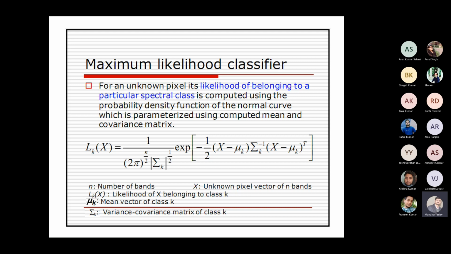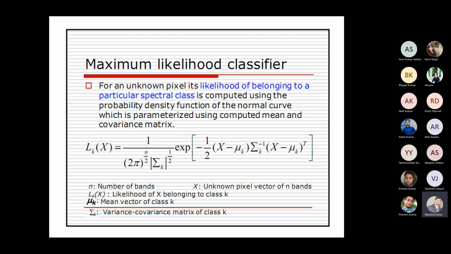So taking into consideration the training samples for one particular class, we calculate the mean, and in each band we calculate variances. Then after calculating the variances, we calculate the variance covariance matrix.